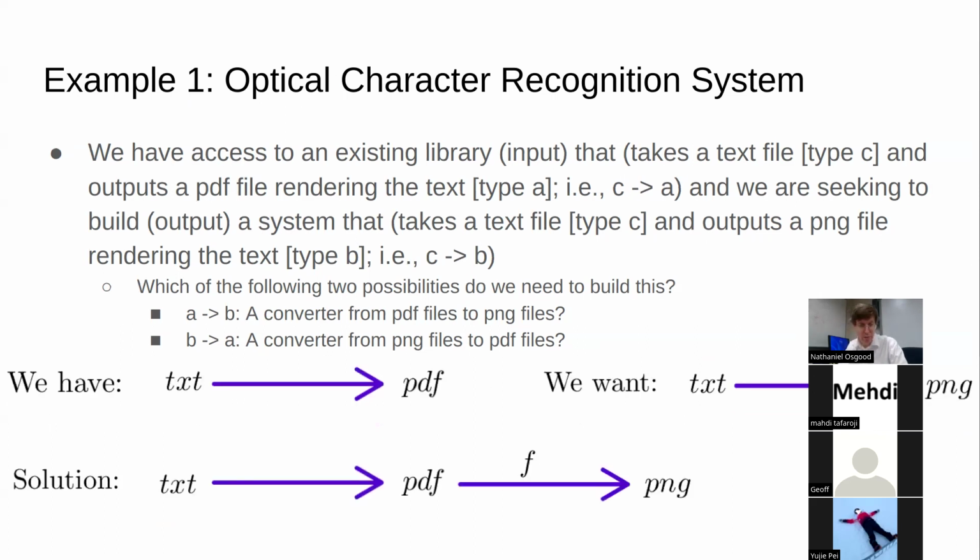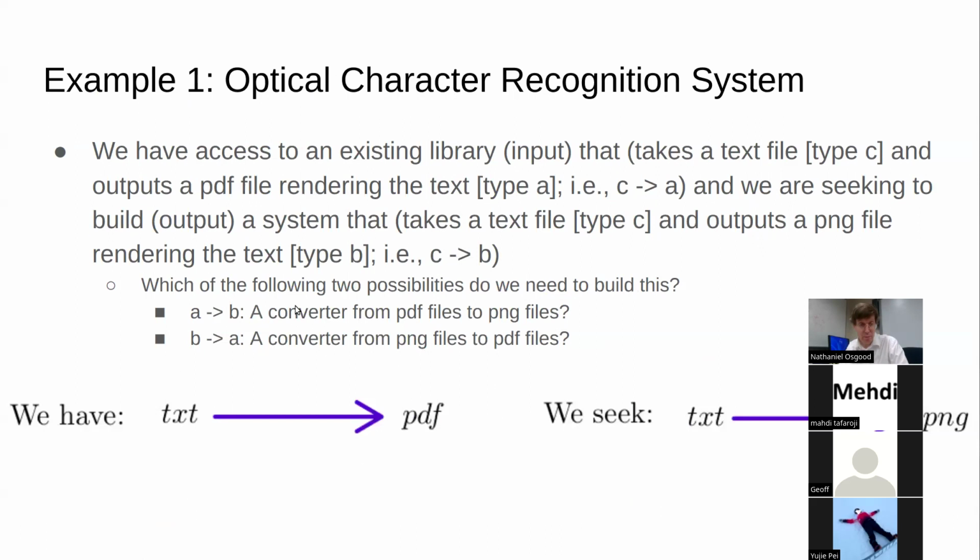The question is, what do we need if we want to start with this? This is our library. Which of the ones do we need? Do we need something that turns a PDF into a PNG, or something that turns a PNG into a PDF? Which do we need?